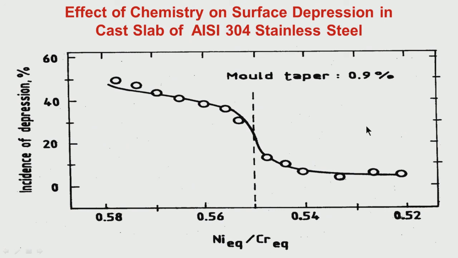So, I have talked about mechanical soft reduction, how it controls the central segregation and central crack. I have talked about minor adjustment of chemistry for 304 type of grade, how it can control the incidence of depression.